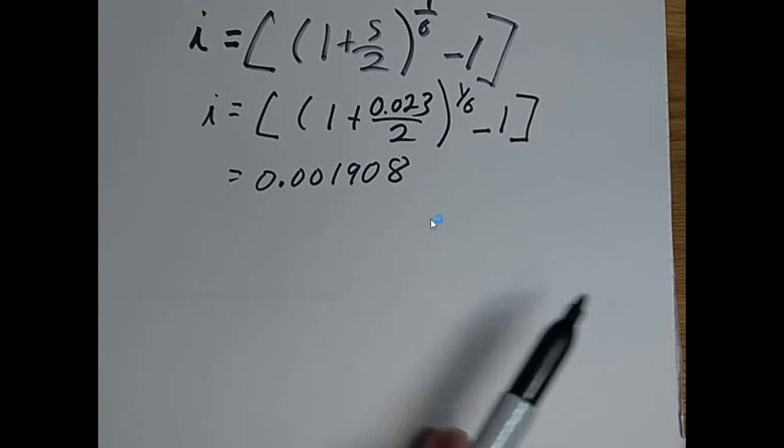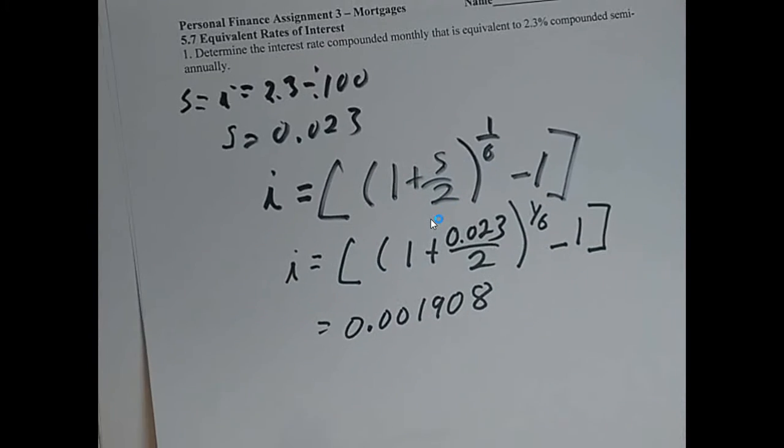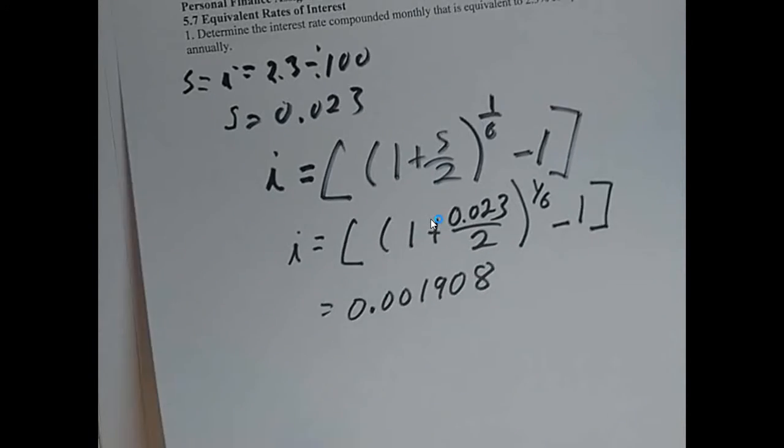So the next one, let's flip the page over, number 2. It'll clear up in a second, the camera's focusing. Number 2. Determine the monthly payment of a mortgage of $560,000 that is amortized over 25 years at 2.1% compounded semi-annually.